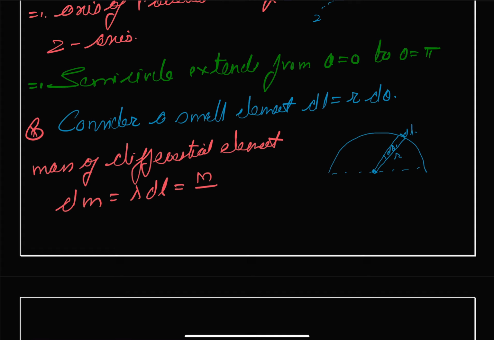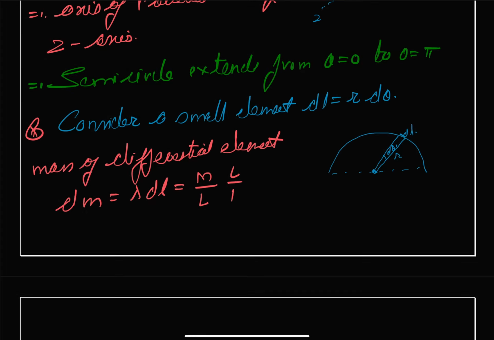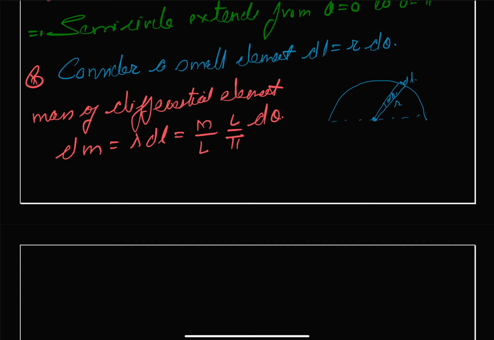Lambda we know is the total mass over length, dl is our r d theta, and r is L upon pi. So here L and L cancel out, and we get the mass of the differential element equal to m upon pi d theta.